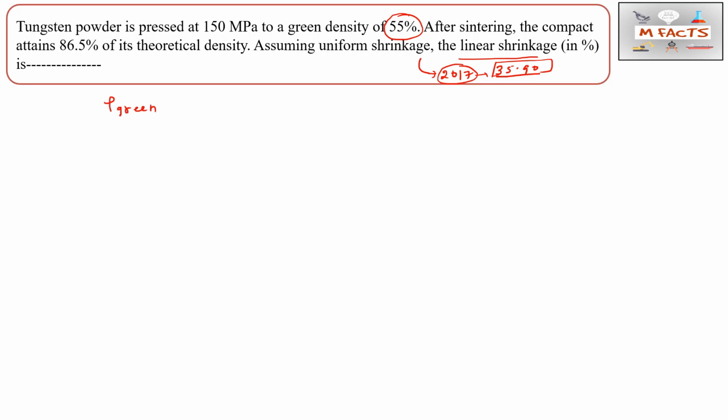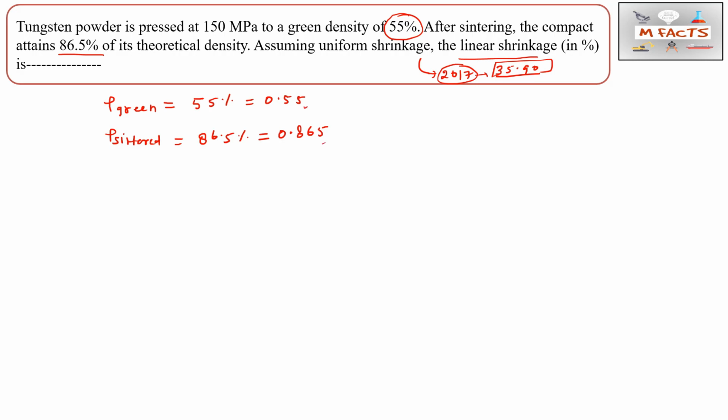Rho green is 55%, or you can say 0.55; you can take any value, it doesn't matter whether you take percentage or decimal, because we will take a ratio in the formula. After sintering, the compact attains 86.5% of its theoretical density, which means rho sintered is also given: rho sintered is equal to 86.5%, that is 0.865. We can take any value here.